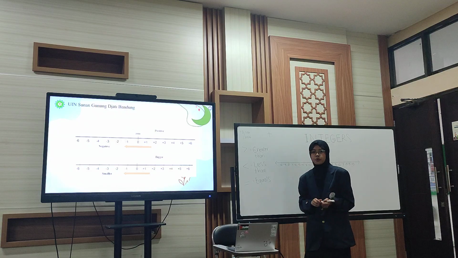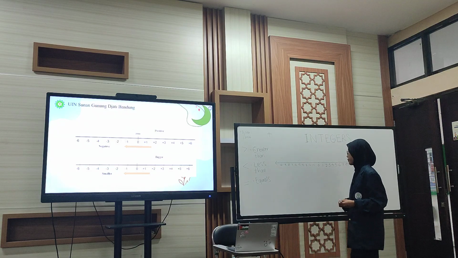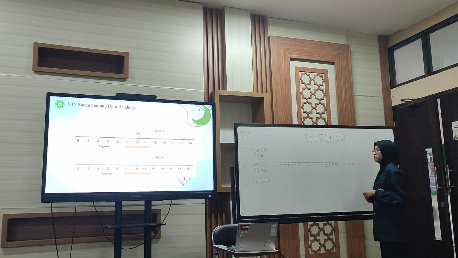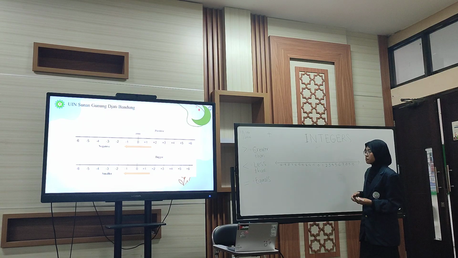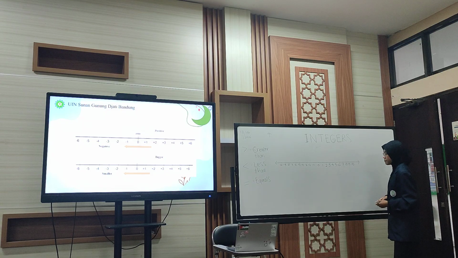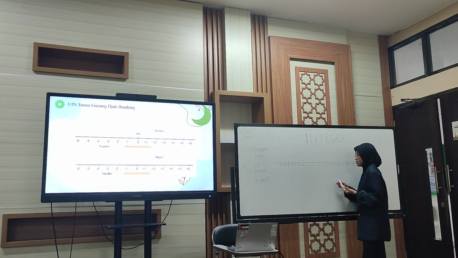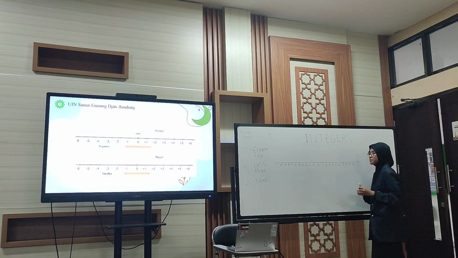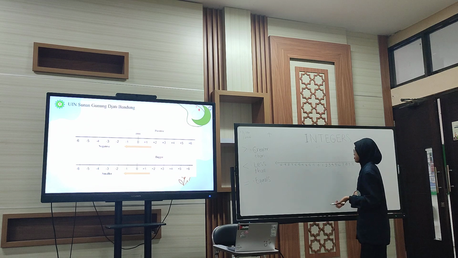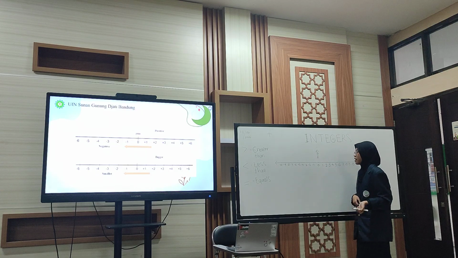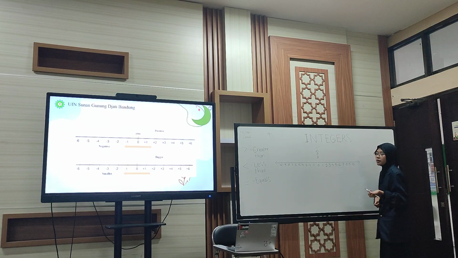Now I'm going to show you how to use the number line. Here, I already have a number line starting from negative 10 to negative 1, 0, and 1 to 10. First, I'm going to stand at the number 0 as a starting point. Now, what if I want to take 3 steps to the right?